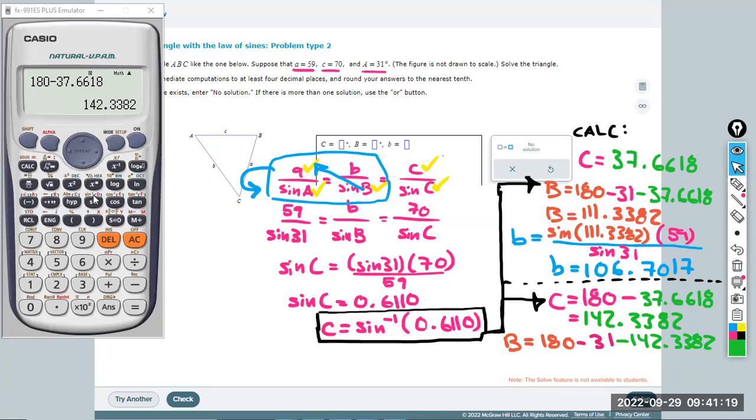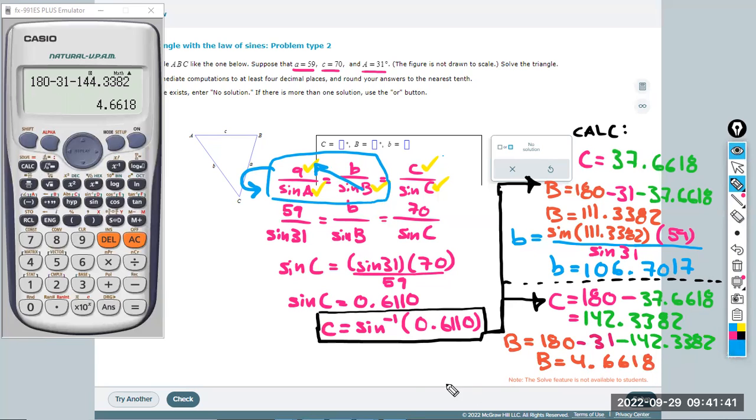Let me put that in the calculator. 180 minus 31 minus 142.3382. So angle B in the second case equals 4.6618.